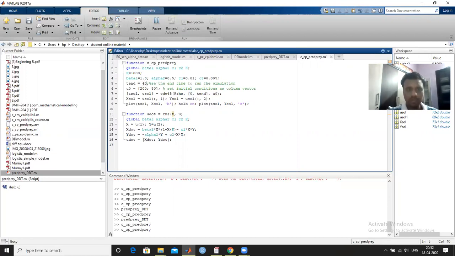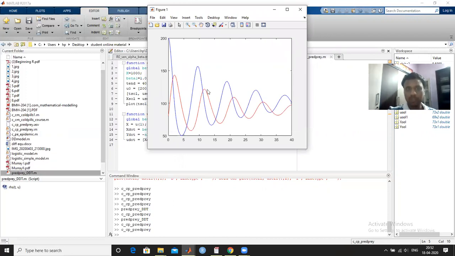If I run it, now this is the population. You can check the population is also oscillating, but the amplitude is reducing with respect to time. In the previous model this was not the case.